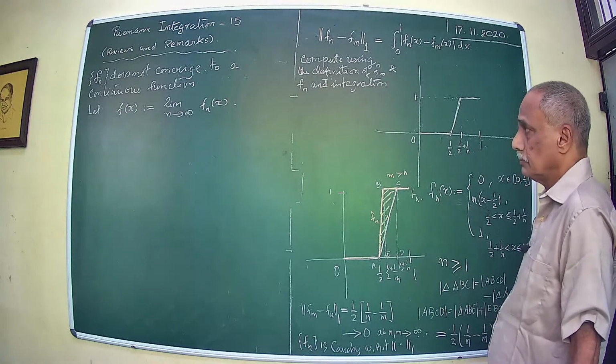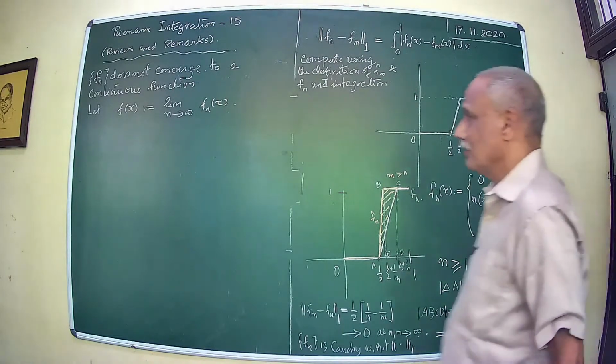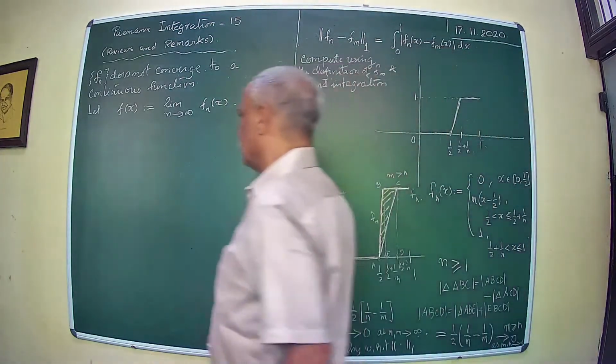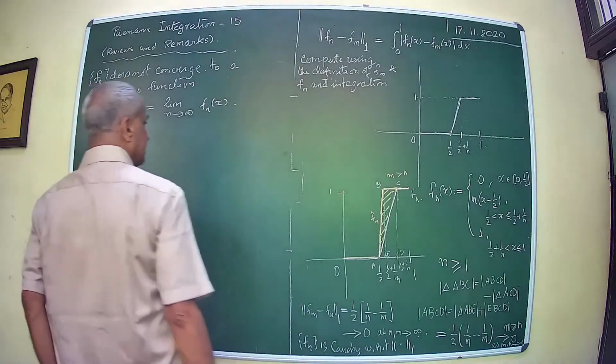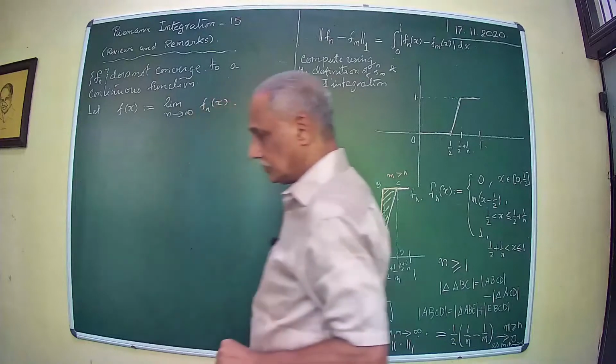Okay, so we can show that the limit exists, there is no problem. So you call this f of x. Now we claim that f cannot be a continuous function.